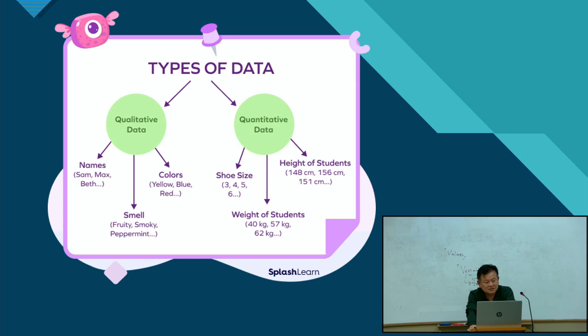So this is qualitative data, but how many people have a white car? It means numbering, for example, 3,000 or 5,000. It means it's quantitative data. So these two data types are mixed. So quantitative data is shoe size. What is your shoe size?